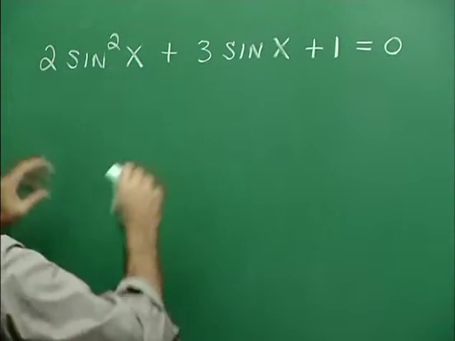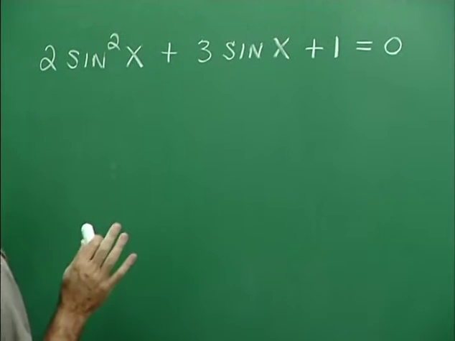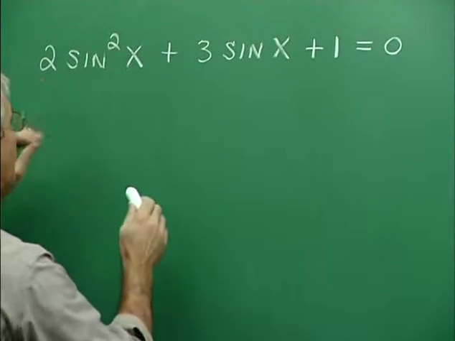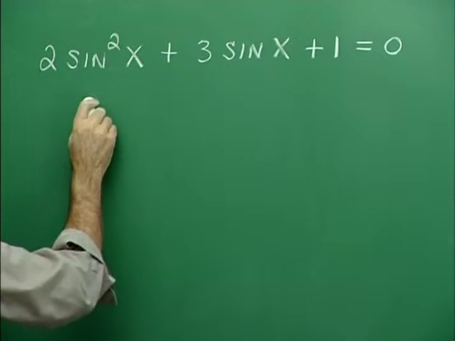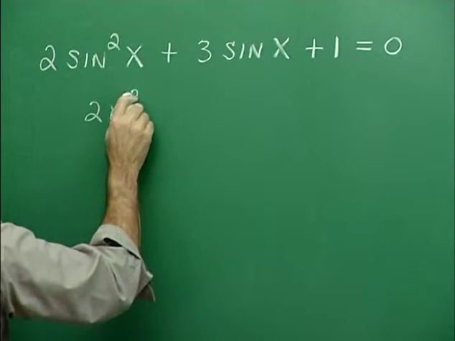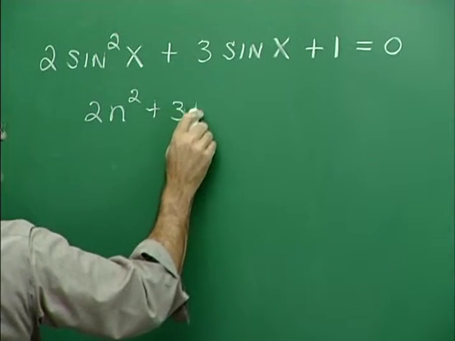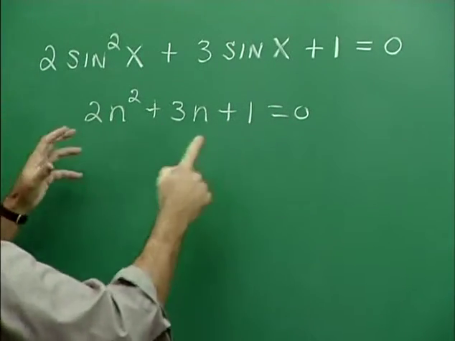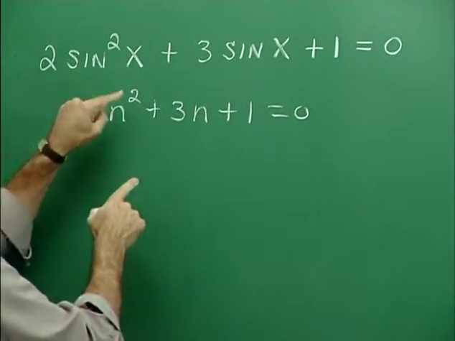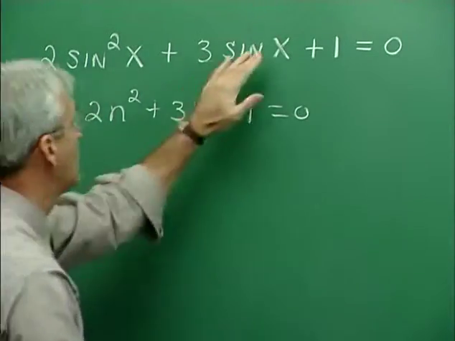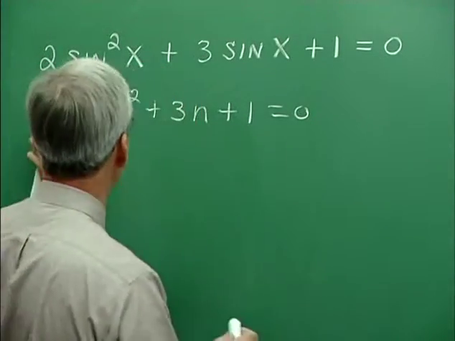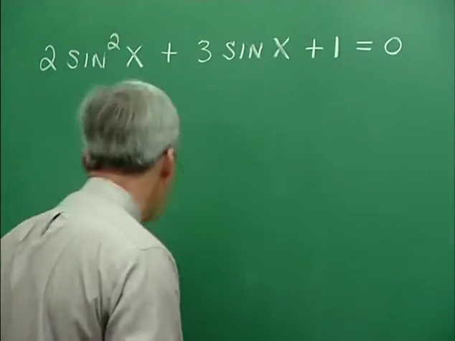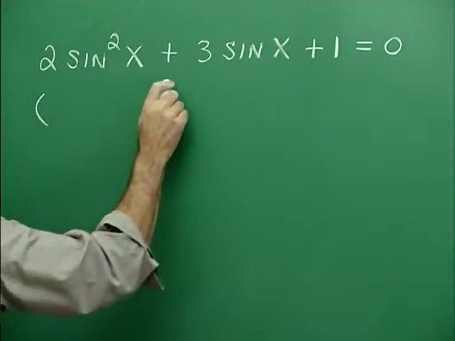At any rate, this one turns out to be factorable. If we can't see through the factorization very easily, then we just replace sine x with a letter like n. We might think of this as 2n squared plus 3n plus 1 equals 0, and factor this, and then replace n with sine x, and we have the factored form. But I think we can see through this.